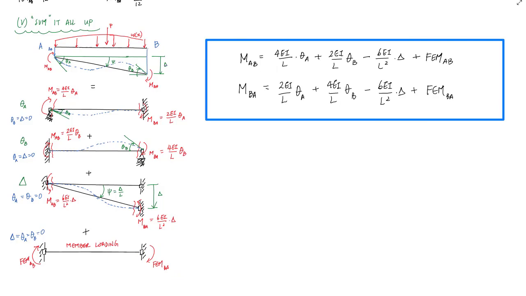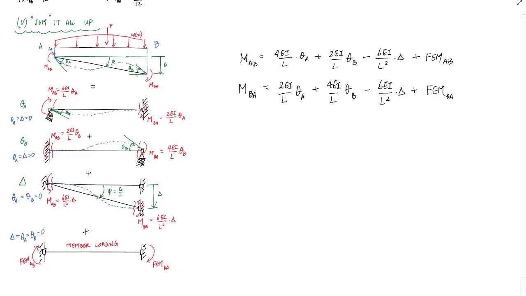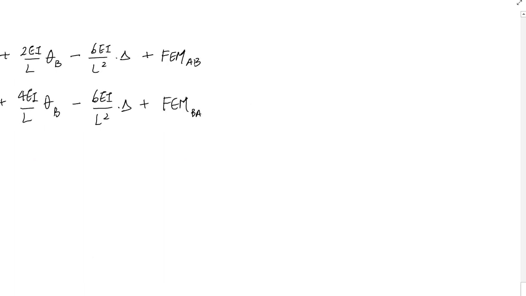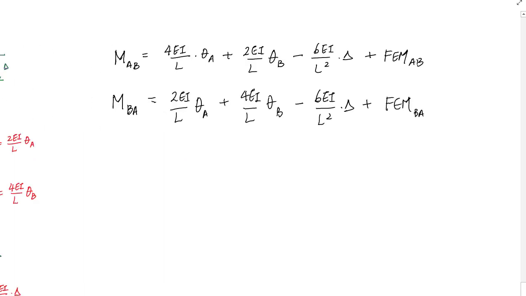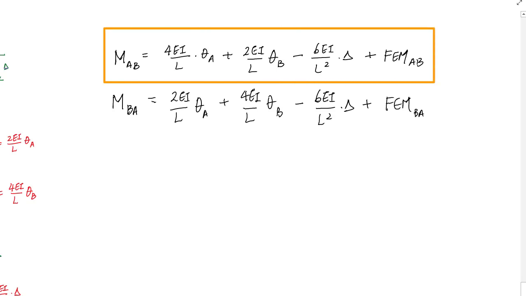And these are the slope deflection equations. In generic form, if I look at the form of these equations, I'll notice that MAB, from the perspective of A, is 4EI over L theta A plus 2EI over L theta B minus 6EI over L squared times delta plus FEM AB.